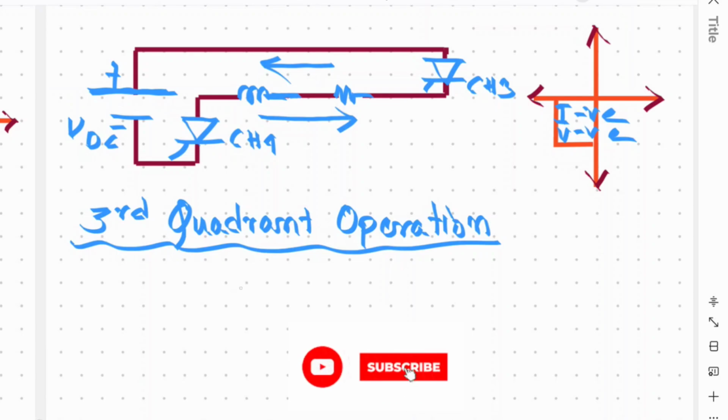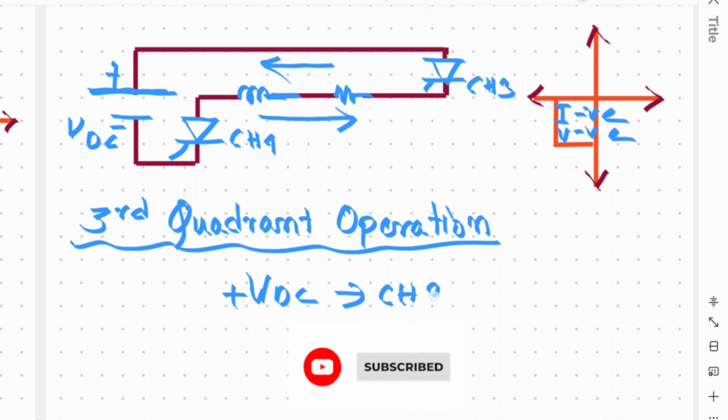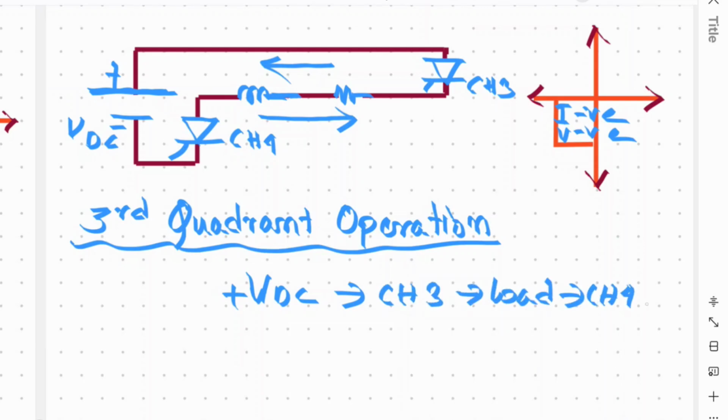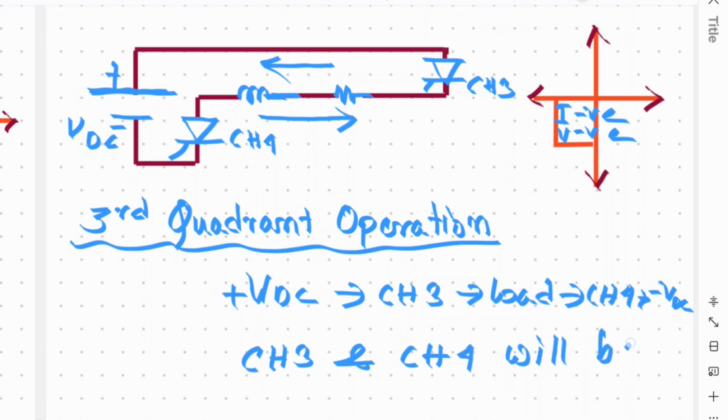This will be the direction of current flow: plus VDC, then chopper 3, load, then chopper 4, then minus VDC. And the third quadrant operation is achieved when chopper 3 and chopper 4 are on.